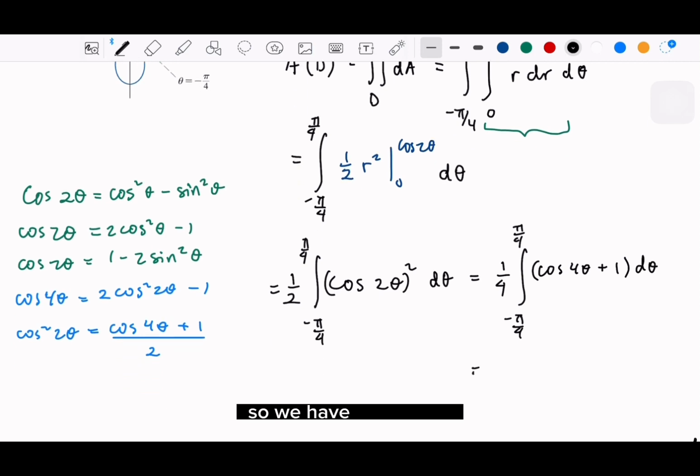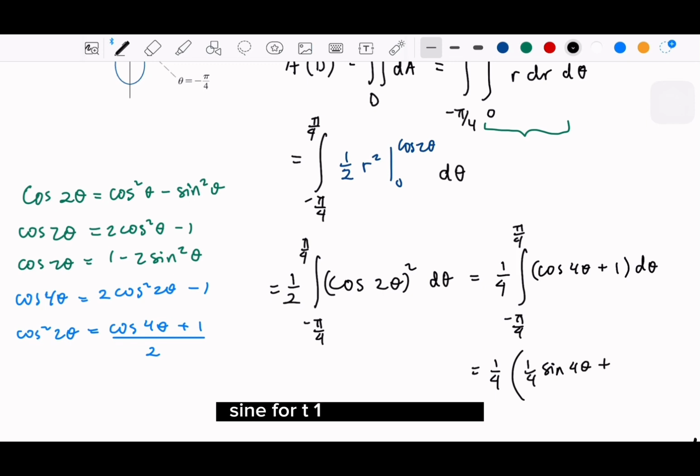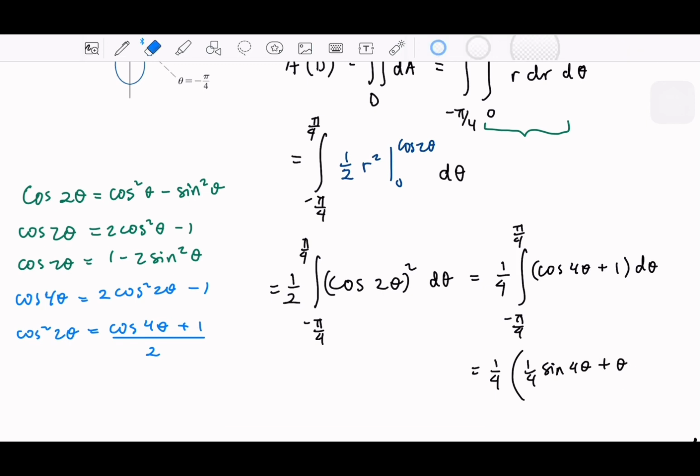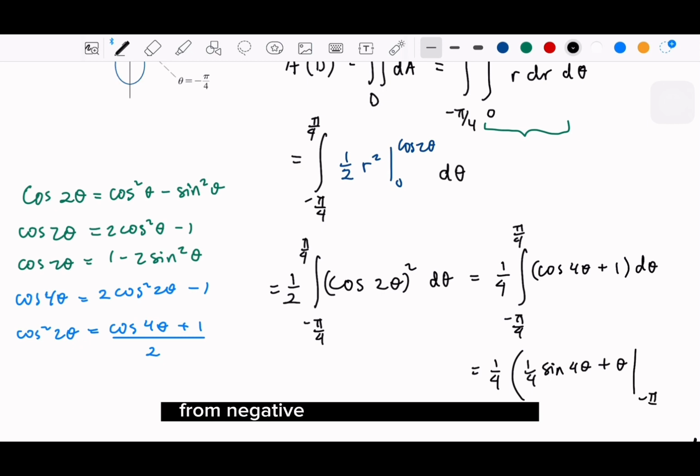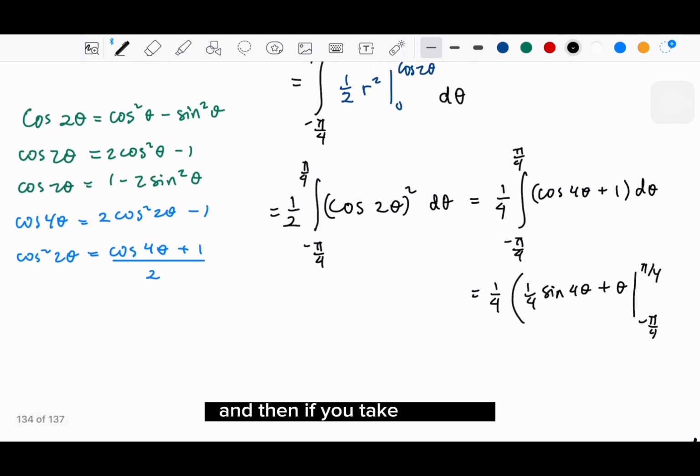So we have 1/4, cosine becomes 1/4 sine 4 theta, 1 becomes just theta, and we need to evaluate this from -π/4 to π/4. And then if you take the sine, this will be practically 0.